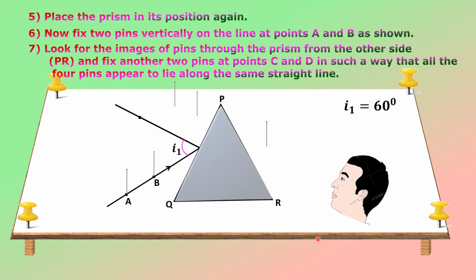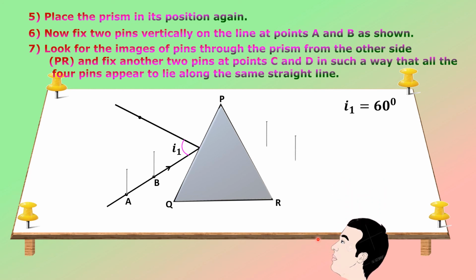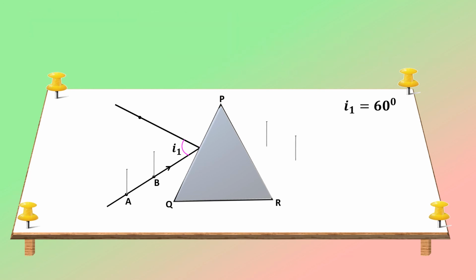Here is one pin he fixed, the other pin he has fixed. Okay. So all the four pins appear to lie along the same line. Now remove the prism and take out the pins.